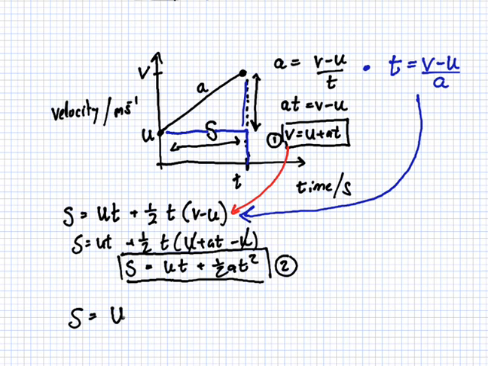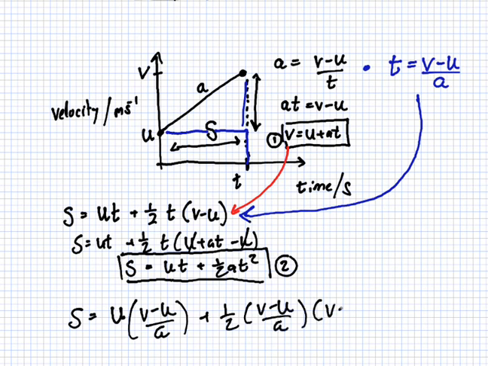No, actually I think it's okay. I guess we'll find out shortly. Right, so we have U times T, which is V minus U over A, plus a half T, which is V minus U over A, times V minus U.